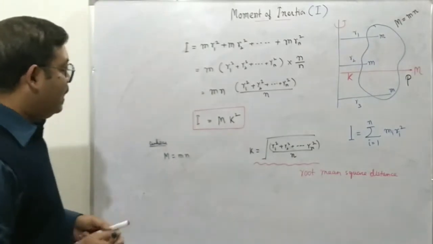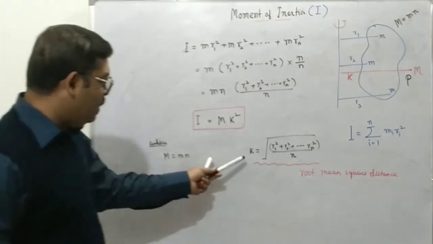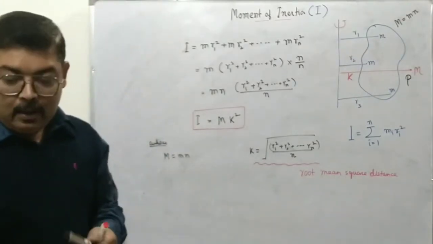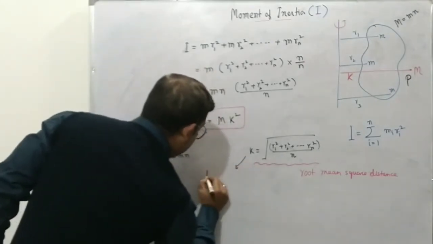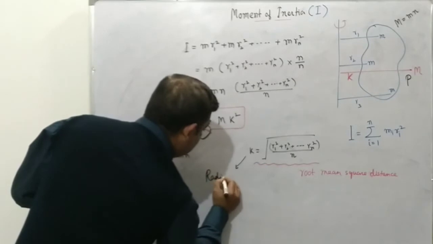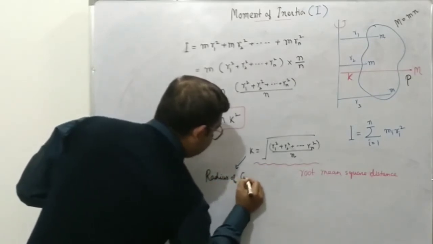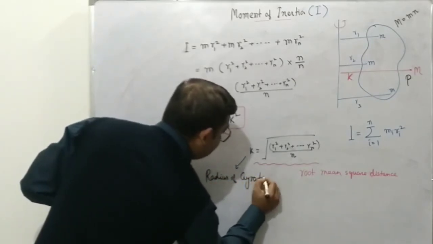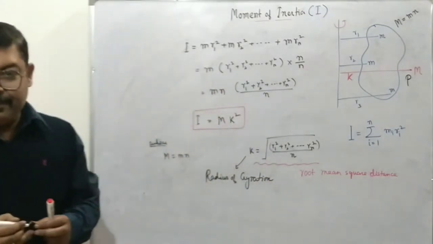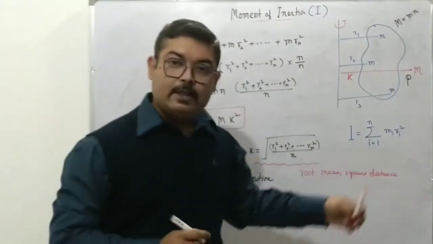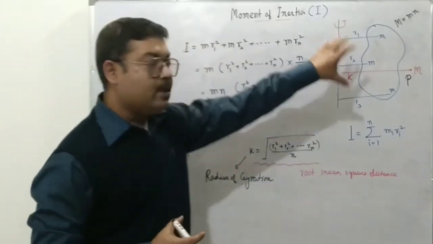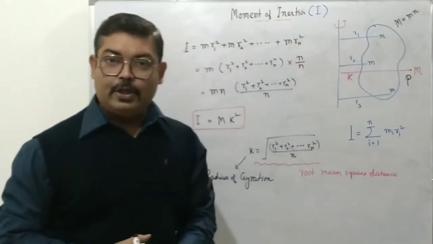Now this distance k has a particular name. It is known as the radius of gyration of the rigid body. So radius of gyration is nothing but the root mean square distance of the particles of the rigid body from the given axis of rotation.